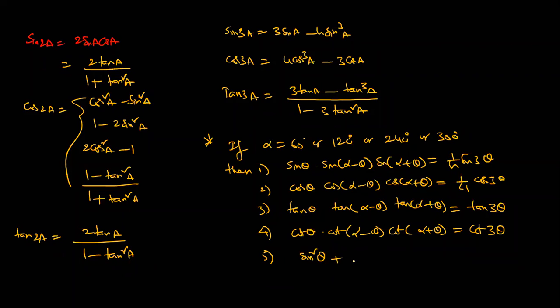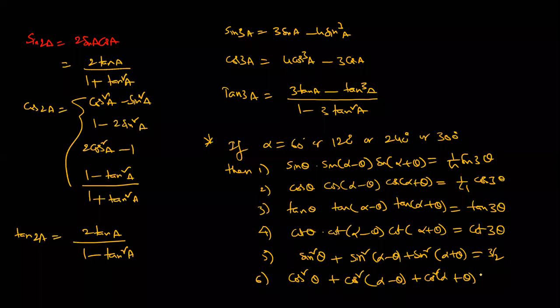Sin square theta plus sin square alpha minus theta plus sin square alpha plus theta is equal to 3 by 2. Cos square theta plus cos square alpha minus theta plus cos square alpha plus theta is equal to 3 by 2. Now, write down and derive the first one. These are the formulas, dear students. You should remember.